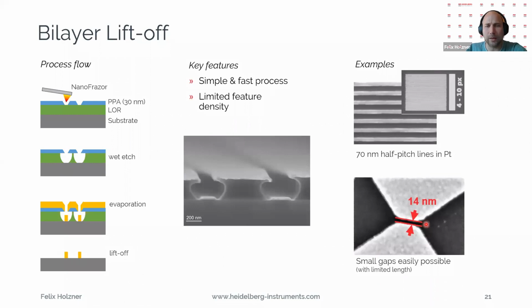And you can do also high resolution features, but in density you are limited. And we have various recipes of these resists depending on the substrate and the actual application. And we will talk about this process also in a separate webinar, because it's a very important process to understand and to know what to do for which application.